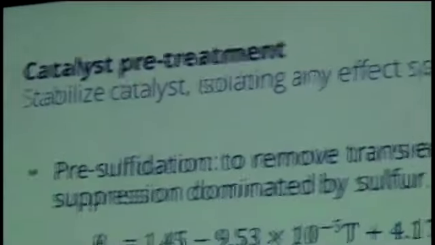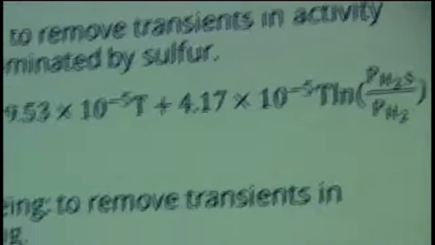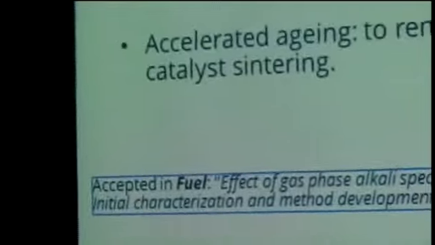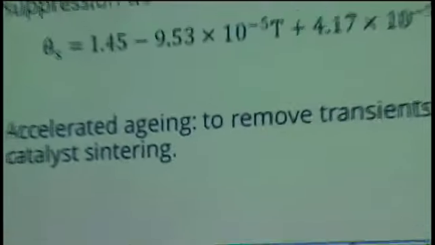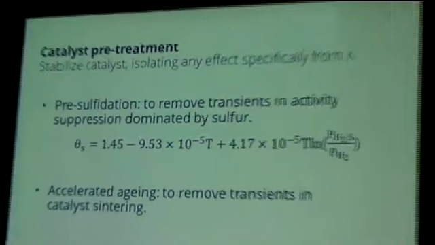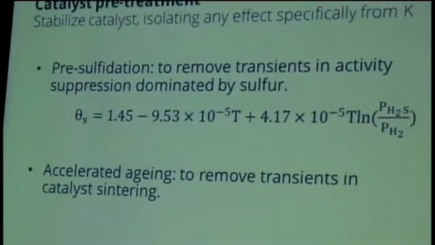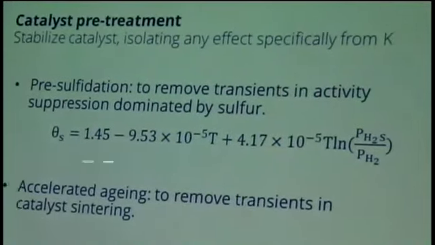We know under which conditions we're going to operate during the experiment, and using the Temkin isotherm, or just making sure that the chemical potential of sulfur and the temperature is the same in your pre-sulfidation as in your tests, you have a catalyst that is already equilibrated with respect to sulfur.